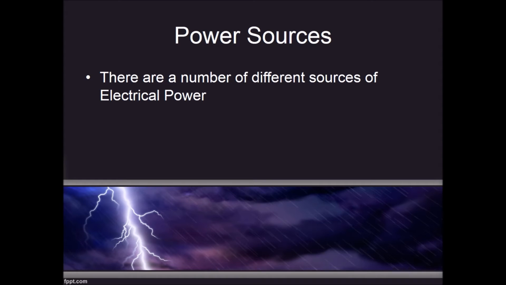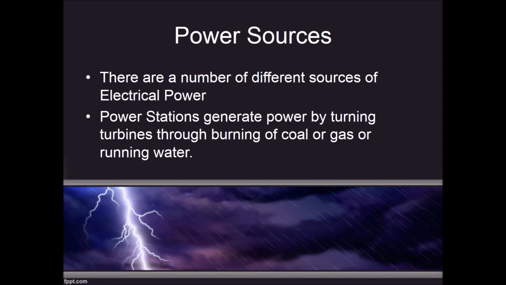When we're looking at sources of power, we can get electric supply from a number of sources. The first one is obviously power stations, and they generate power by turning turbines, and that's through the burning of coal or gas that fires up a boiler, which puts steam in, which turns a turbine.